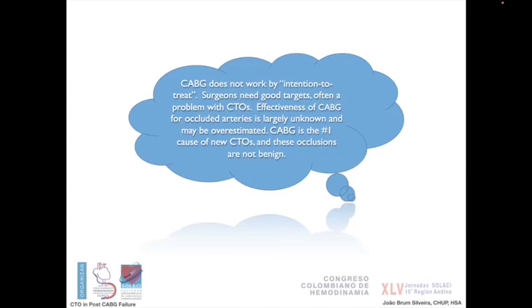Also, we need to know that CABG does not work by intention to treat. The surgeon needs a good target. Often there is a problem with the CTO. Everyone that performs complex PCI and CTO knows that.